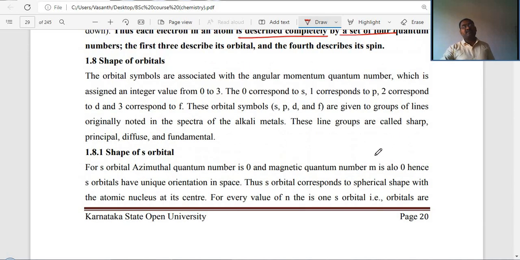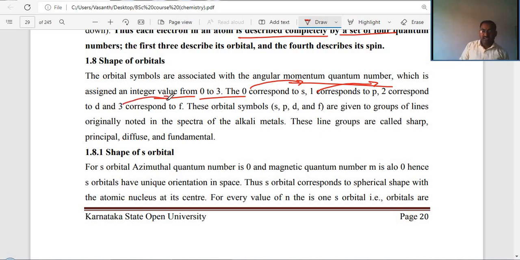Next, shape of orbital. The orbital symbols are associated with the angular momentum quantum number, which is assigned an integer value from 0 to 3. 0 corresponds to s, 1 corresponds to p, 2 corresponds to d, 3 corresponds to f, etc. These orbital symbols are given to groups of lines originally noted in the spectra of the alkali metals.